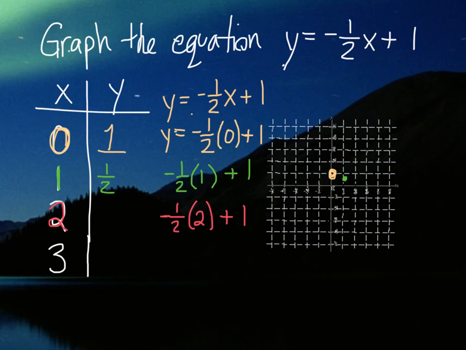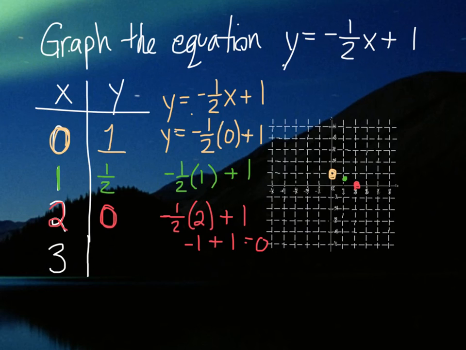And then if we add 1 to that, oh, sorry, no, that was my mistake. Negative 1/2 times 2 is actually negative 1. And if we add 1 to that, we would get 0. So our y value in this case is 0. If we plot that point, (2, 0) would go right there. This is looking good. It looks like we're getting a straight line here.